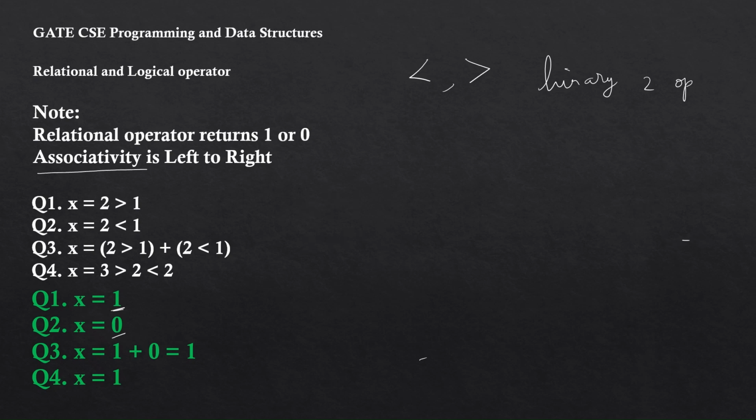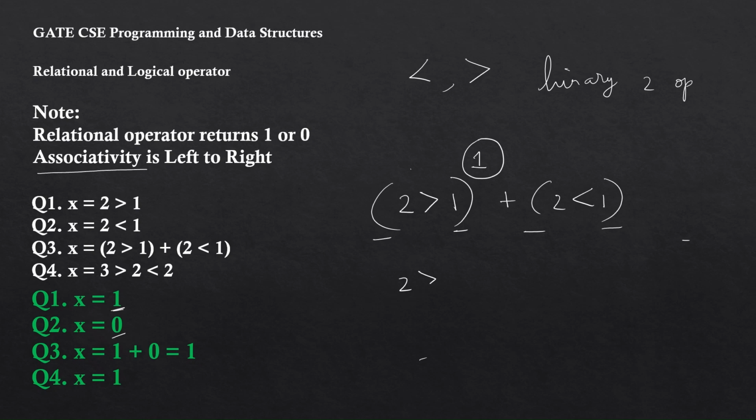So now let's look at the questions. In this question, number 3, we're always associating from left to right. Now note that you see these brackets here. Brackets always have a precedence which is greater than any other operator. So first we'll be looking at what is in this bracket, 2 greater than 1.